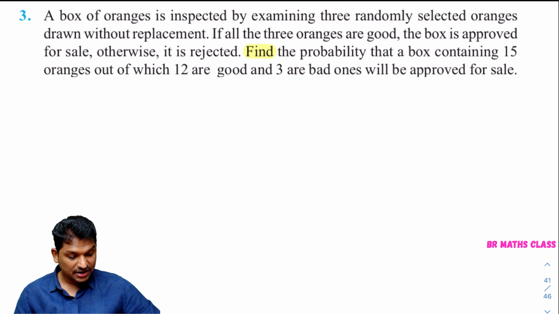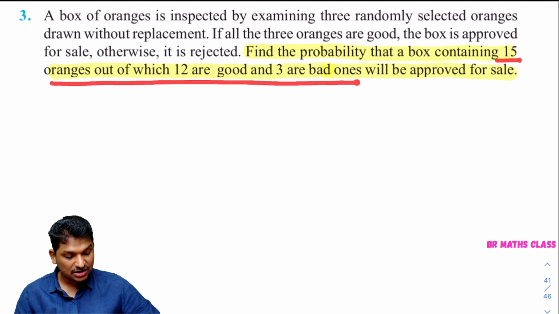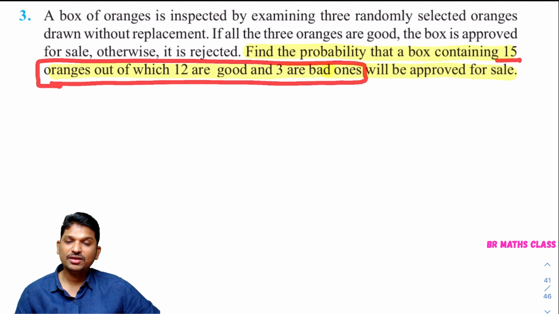Find the probability that a box containing 15 oranges, of which 12 are good and 3 are bad, will be approved for sale. This is the question. In a box, how many oranges? 15 oranges, out of which 12 are good and 3 are bad. In oranges, good ones and bad ones will be there.